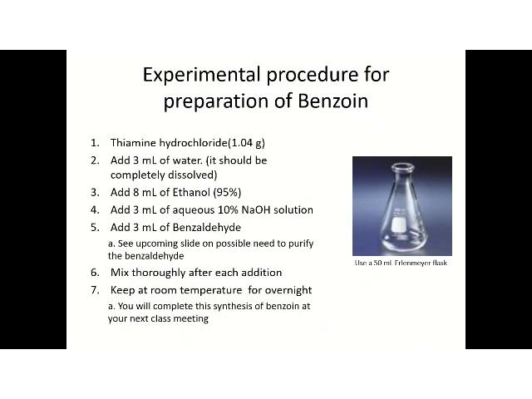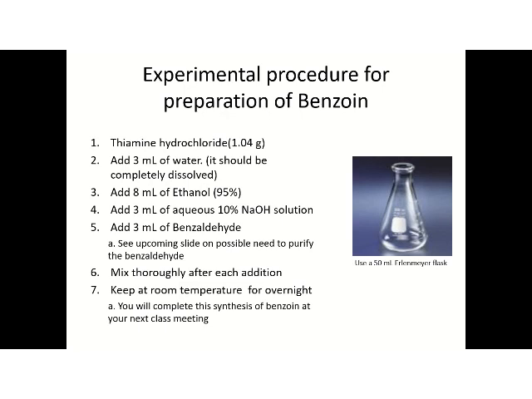For the experimental procedure, we are going to do the following. First, we need thiamine hydrochloride, 1.04 grams. Second, we need to add 3 milliliters of water, and then we should be able to dissolve all the salt, the thiamine hydrochloride, into that amount of water.